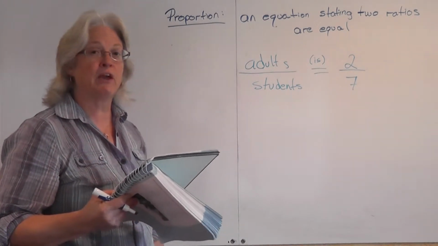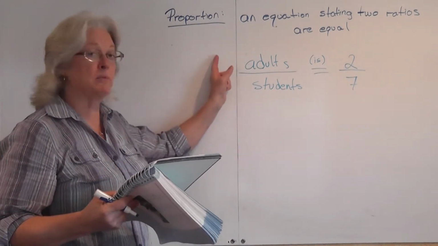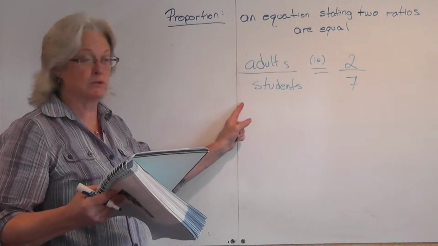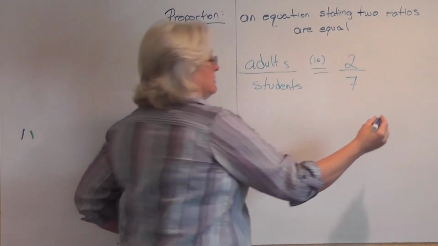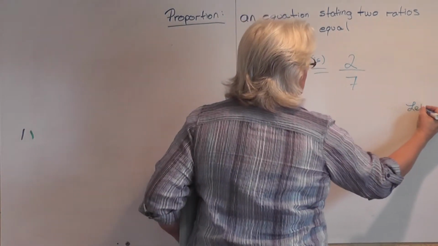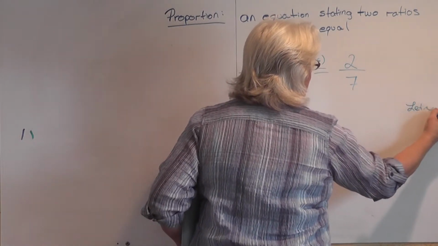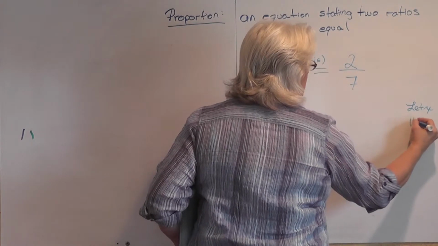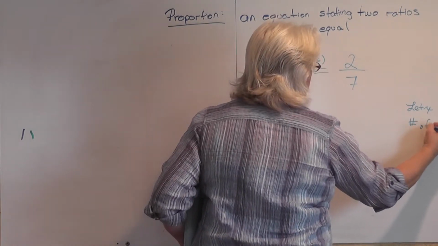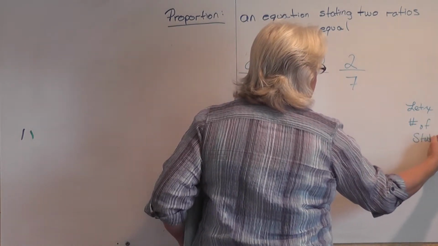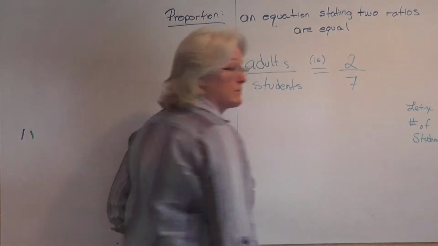Now, if there are 8 adults on the bus, how many students? Well, let n equal, well, I wrote an n, how about if I do let x equal the number of students.